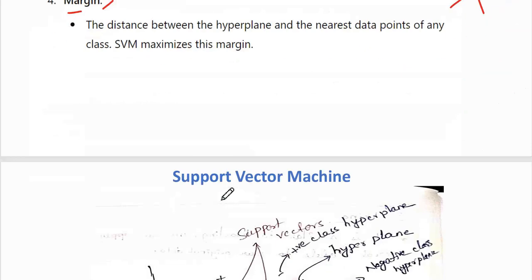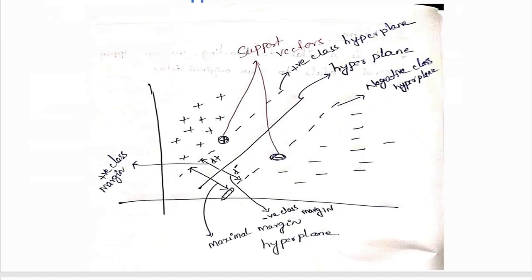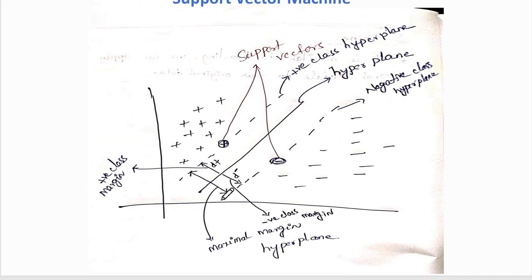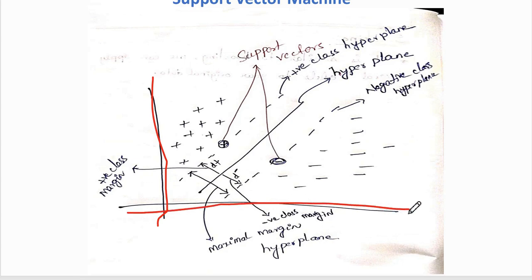In this diagram I can clearly show what a support vector is. Let us take a two-dimensional plane, and assume this is the best hyperplane.